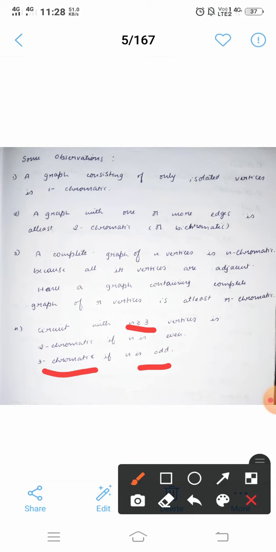Right? If a graph contains a circuit of odd length, that circuit itself needs at least three colors to paint.